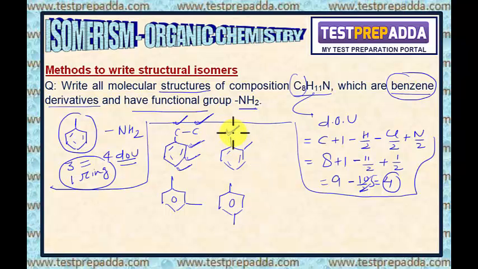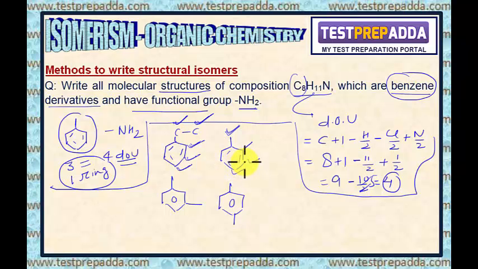Now another one, you can place NH2 here. You can place NH2 here. Now, if you place NH2 here, it will be the same as this one because of the methyl group and NH2. So it will be a repeat of the case.